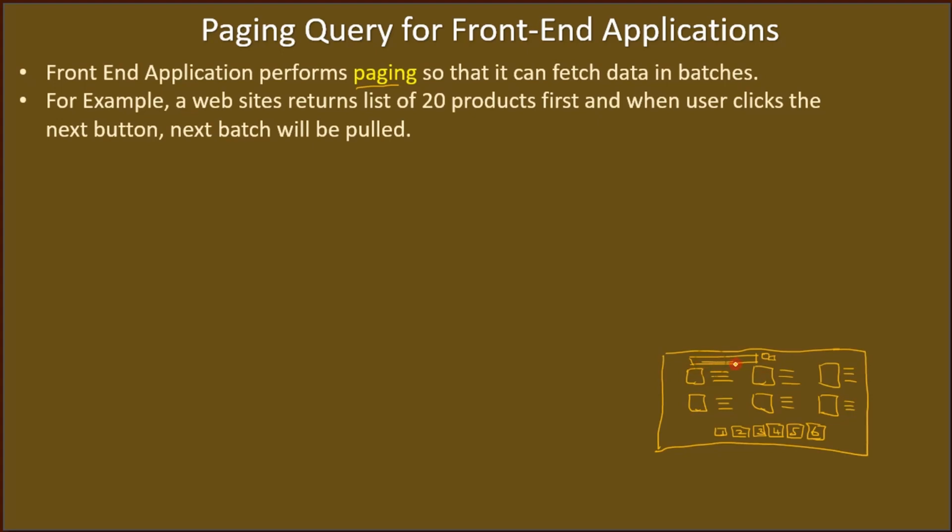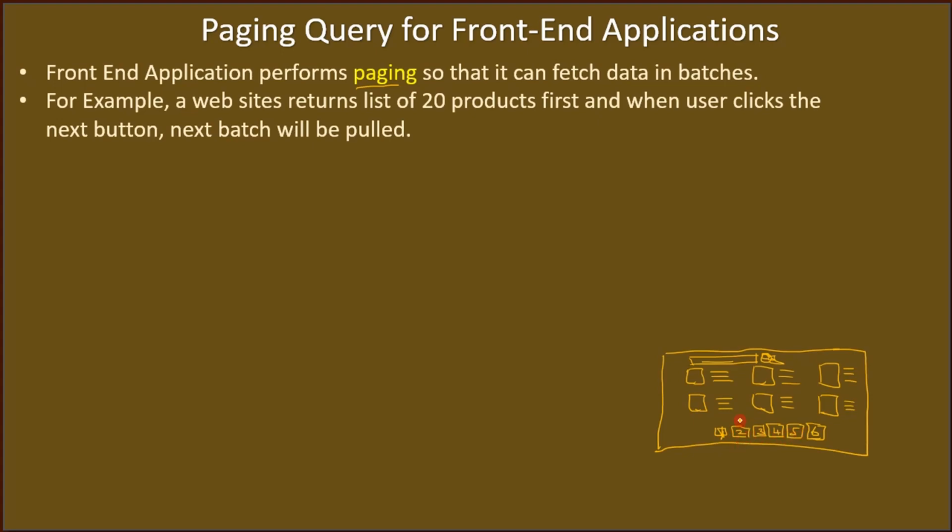Let's say you typed something and searched for a specific product or a specific category, and if you see here, the page is displaying 6 products, and let's say you are at the first page. So you can click any page.